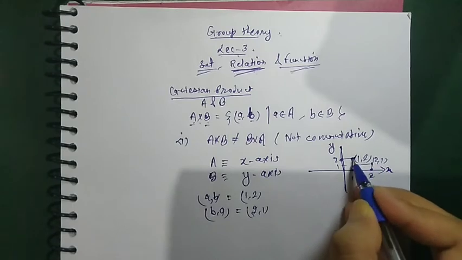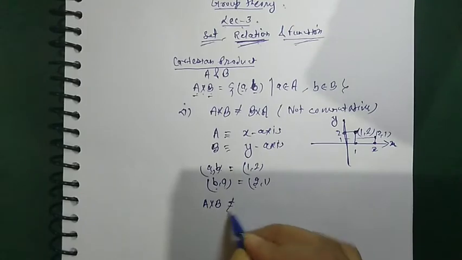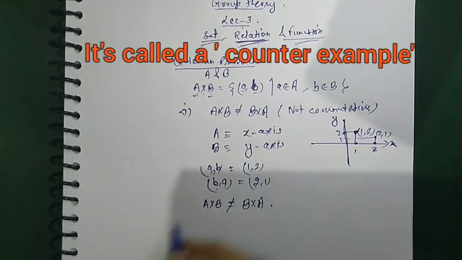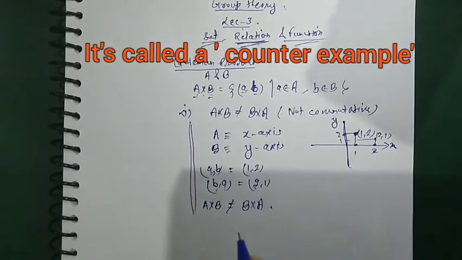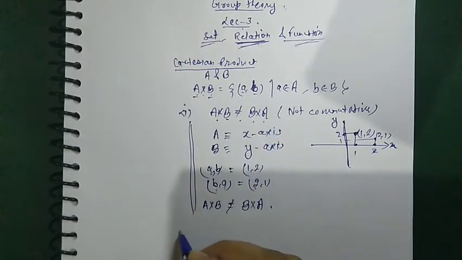Both these points are not the same, so (a, b) is not equal to (b, a). This implies that A cross B will not be equal to B cross A. So by taking an example here, we have proved that A cross B is not equal to B cross A.